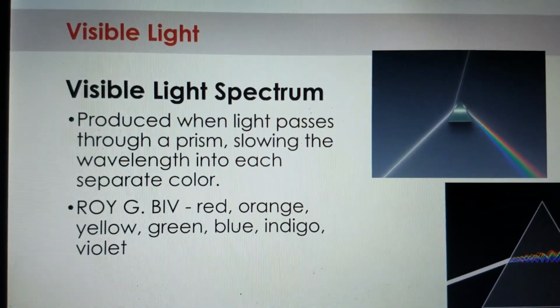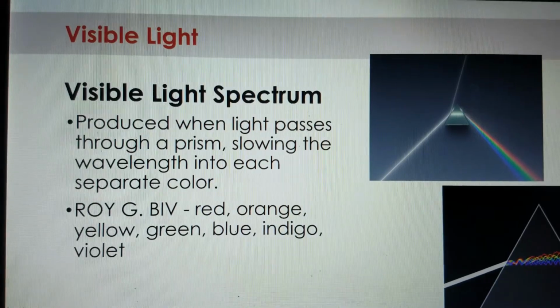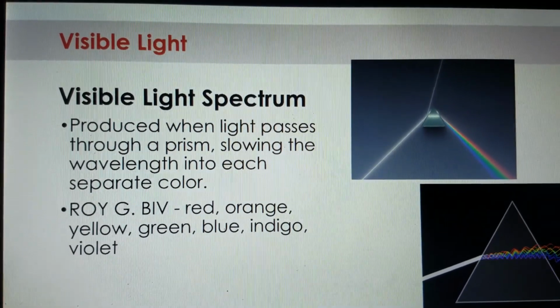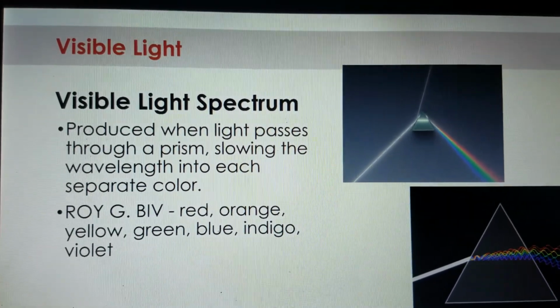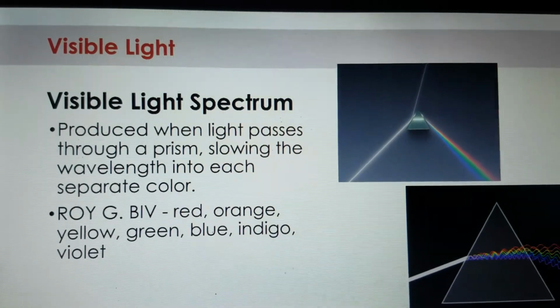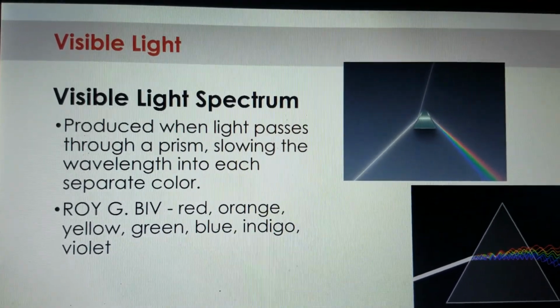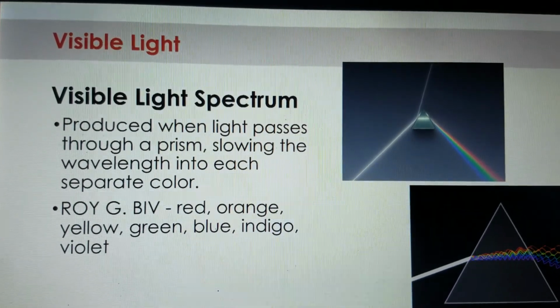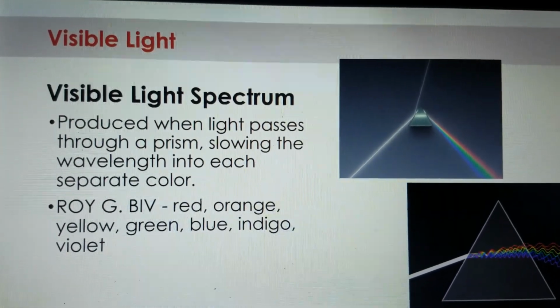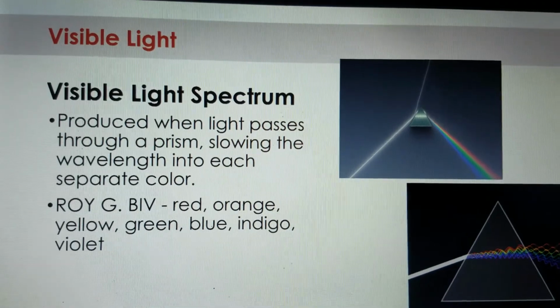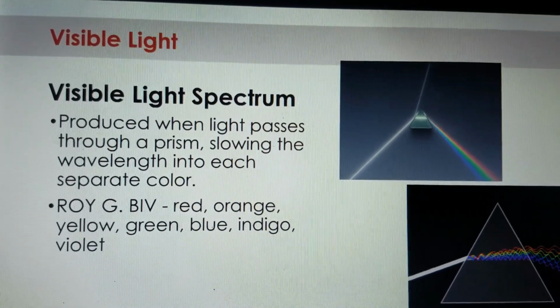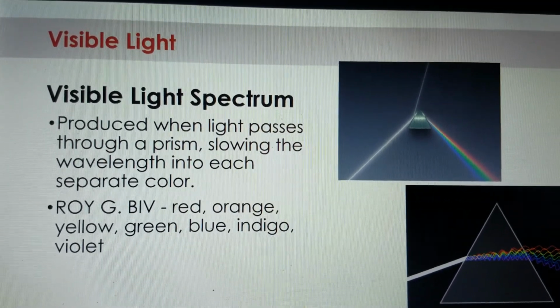White light is actually a combination of all of the different colors of visible light. And those colors are, from least energetic to most energetic: red, orange, yellow, green, blue, indigo, and violet.